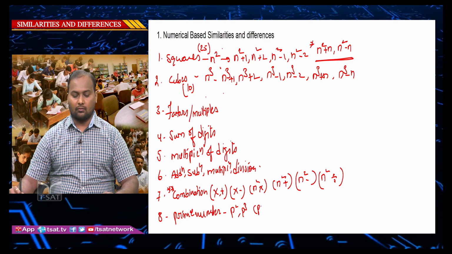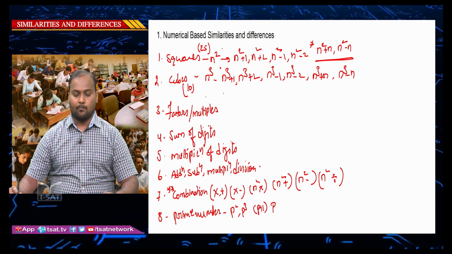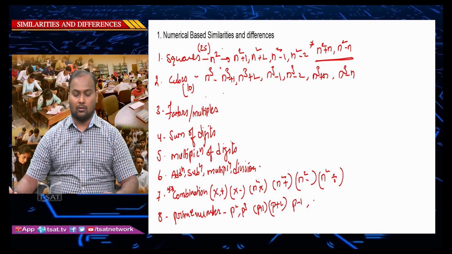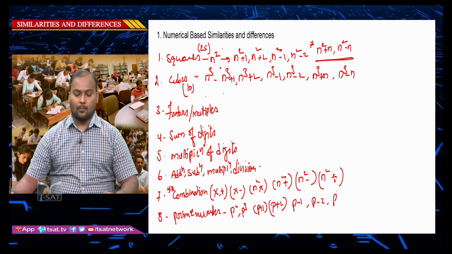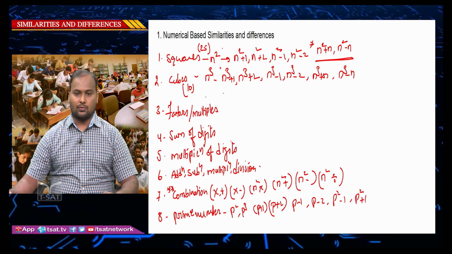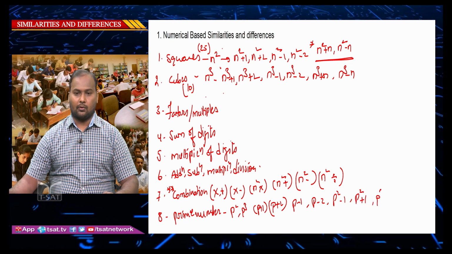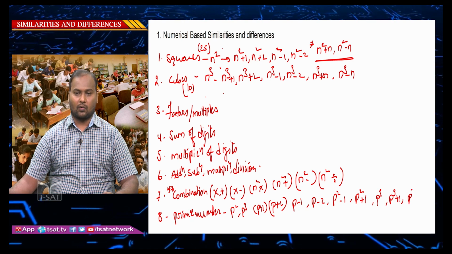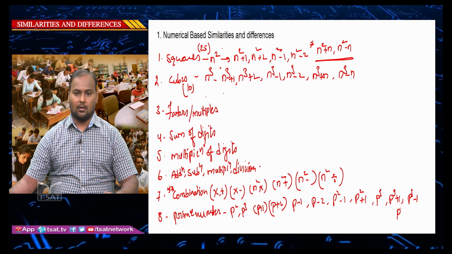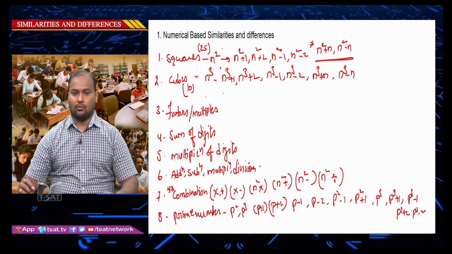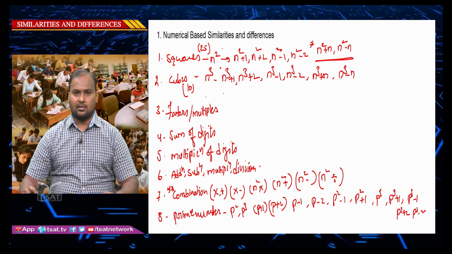For example, the options will be like prime plus 1, prime plus 2, prime minus 1, prime minus 2, prime square minus 1, prime square plus 1, prime cube plus 1, prime cube minus 1, prime cube plus 2, prime cube minus 2. So, like that various combinations are possible.